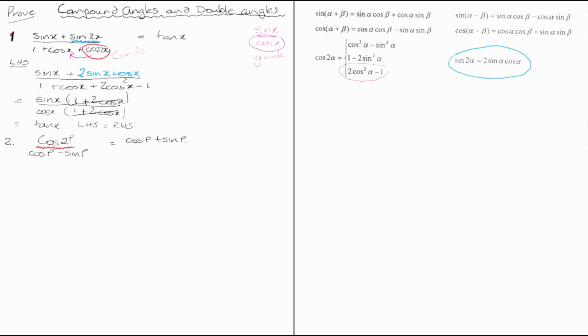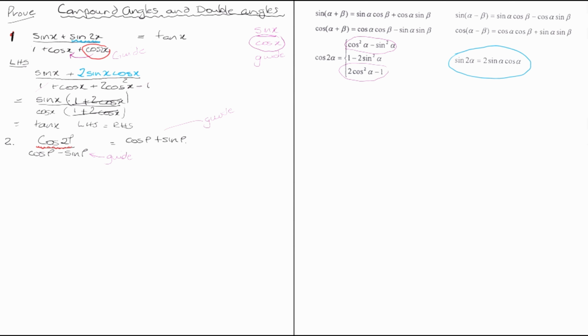What is going to guide me? My guide is going to be the right hand side is a mixture of sin plus cos, and in the denominator I have another mixture to guide me. So from that, my guide is actually going to be the cos squared minus sin squared.